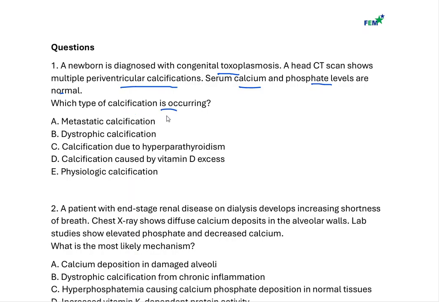So here we have what? We have an infected tissue with toxoplasmosis, right, which is a form of what? A degenerating tissue or a necrotic tissue, right? And as a result of that, that gives opportunity for calcium to deposit in those tissues. So this is going to be a form of dystrophic calcification.